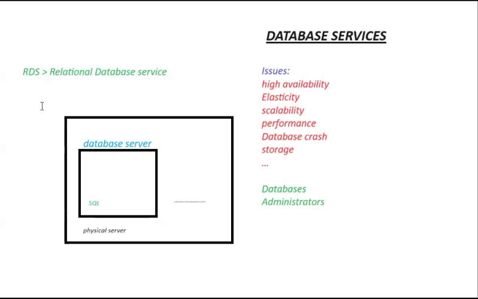Who can manage all these issues for RDS, sir? AWS will manage. All the above issues while maintaining the database will be taken care of by AWS from now, if we use this RDS.